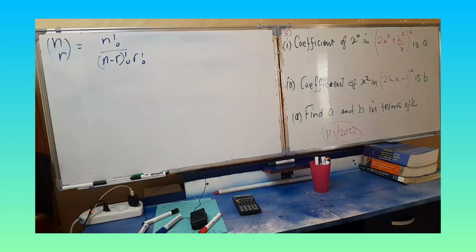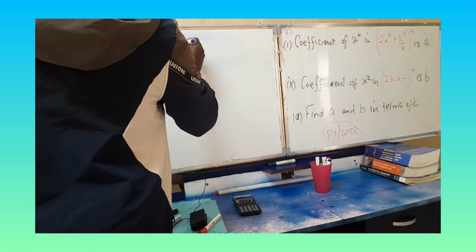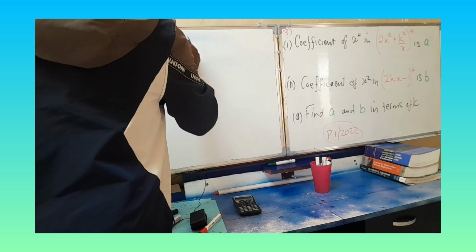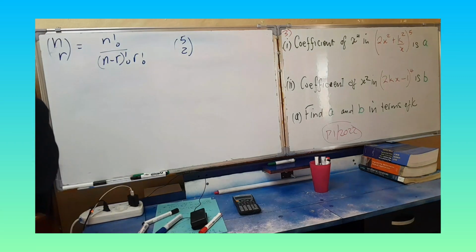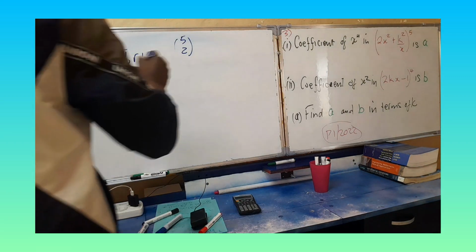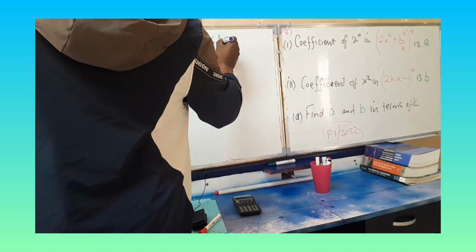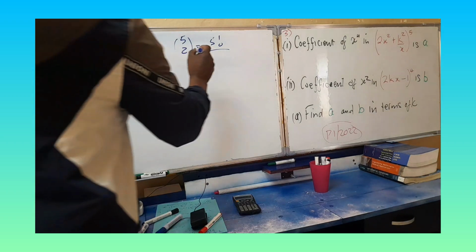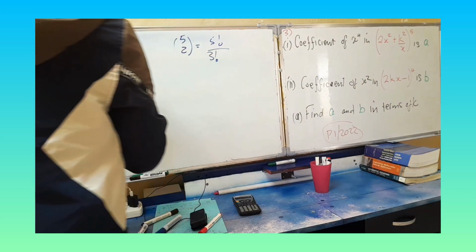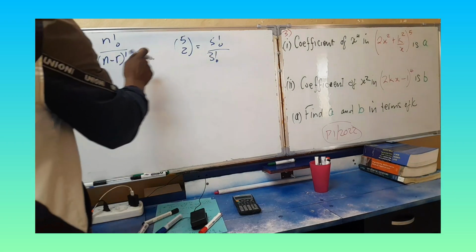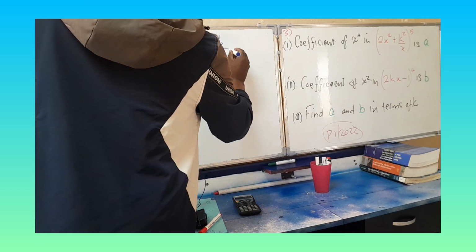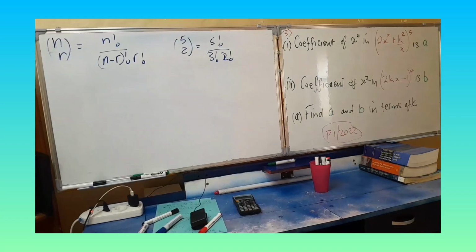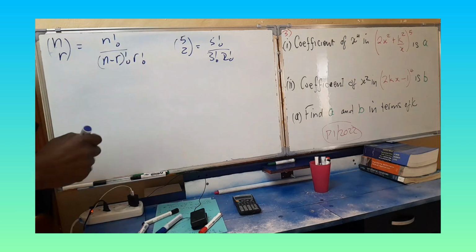For example, when n is equal to 5 and r is equal to 2, then we have 5, 2. This is equal to 5 factorial divided by (5 minus 2) factorial, which is 3 factorial, divided again by 2 factorial, which is our r there. That's the meaning of 5, 2.